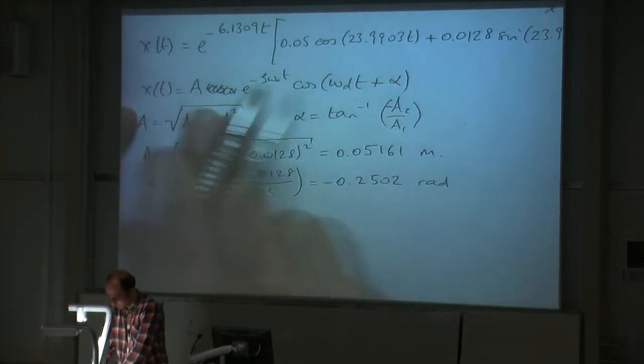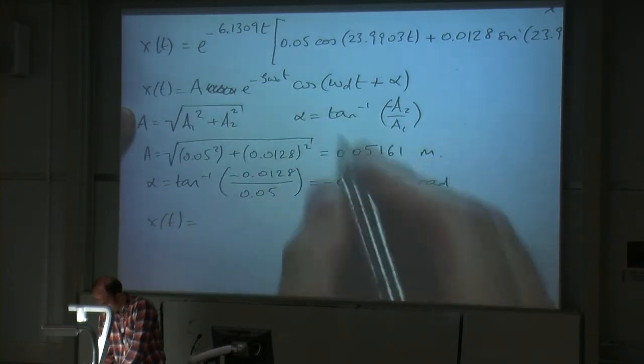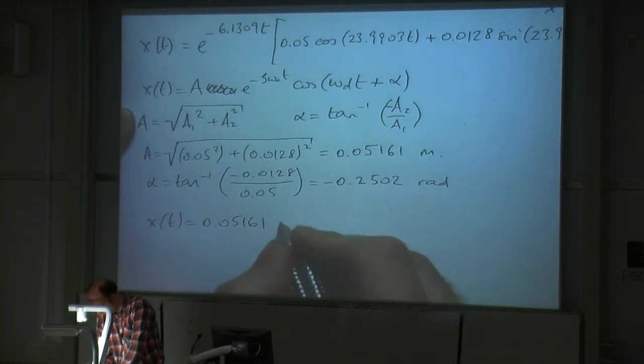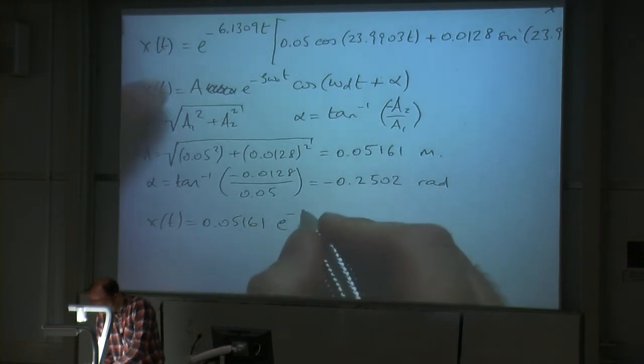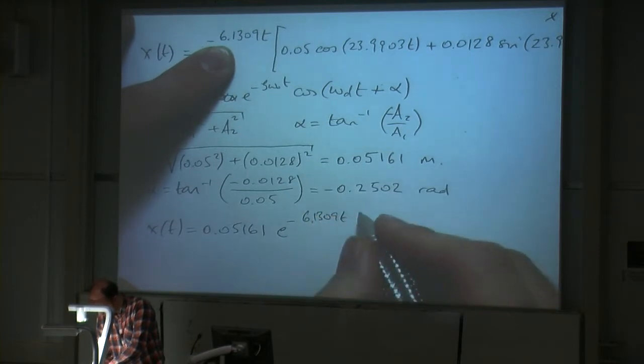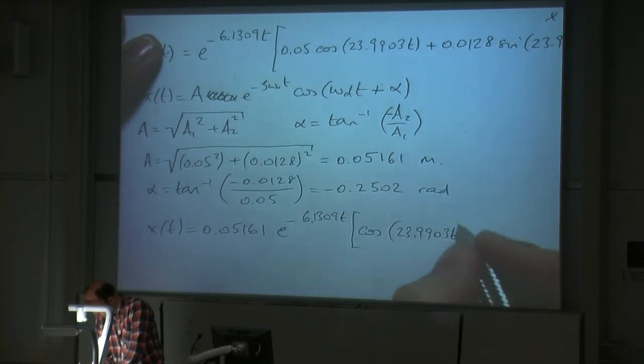And so we plug those numbers into this solution and we get x of t equals 0.05161 e to the minus, and that's the same as what's up here, 6.1309 t cosine omega d, well, that's the same up here, 23.9903 t, oops, minus 0.2502.